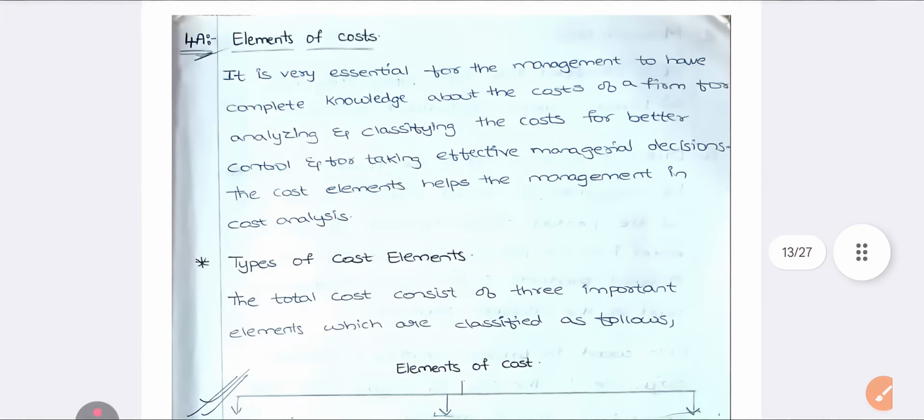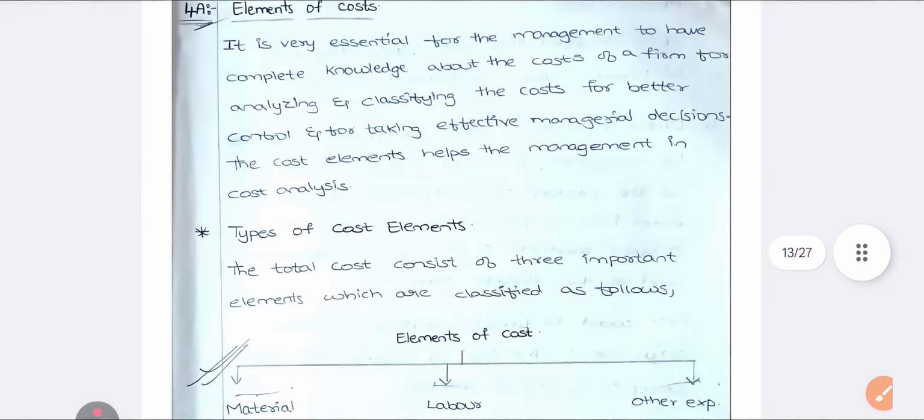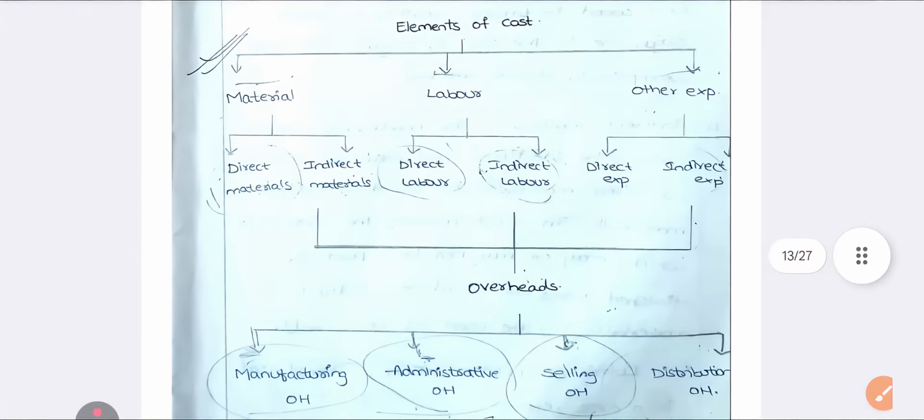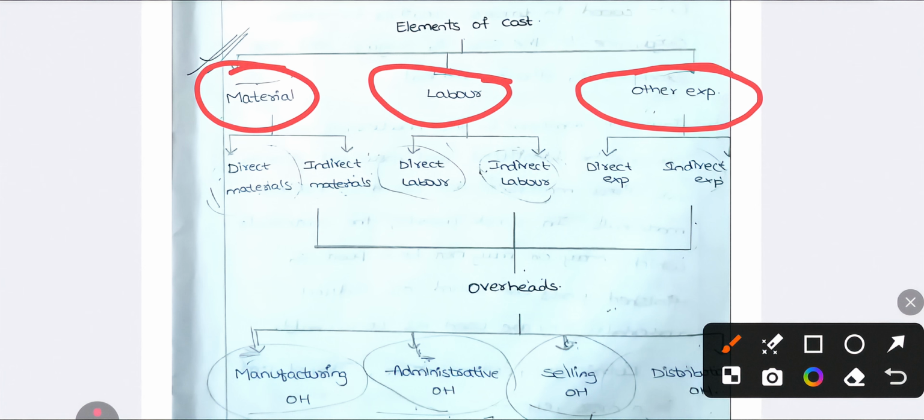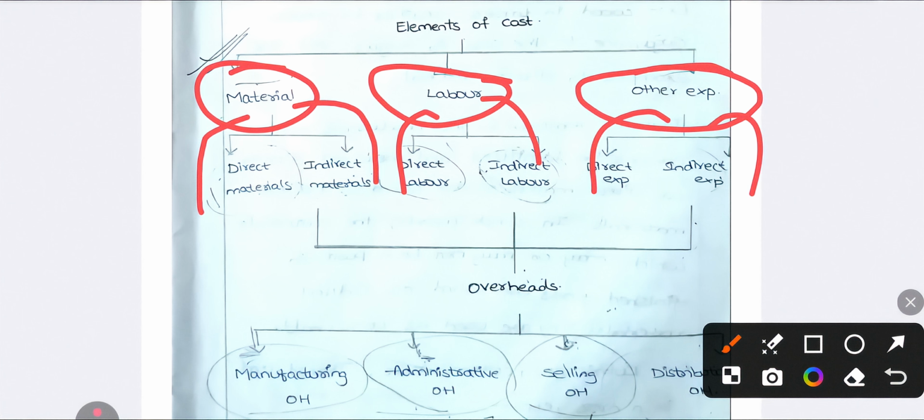And the last answer, you need to understand about the elements of cost. Elements of cost are nothing but 3 types: materials, labor and other expenses. In materials you will have direct materials and indirect materials; in labor, direct labor and indirect labor; in other expenses, direct expenses and indirect expenses.